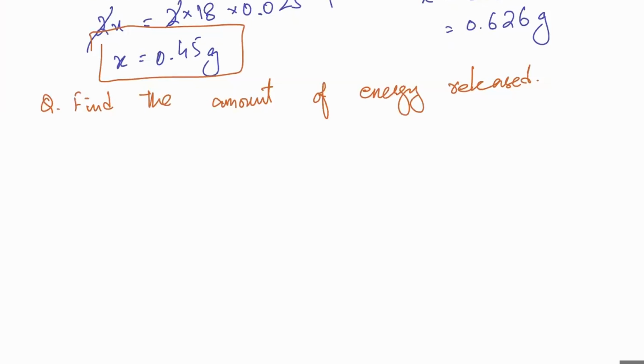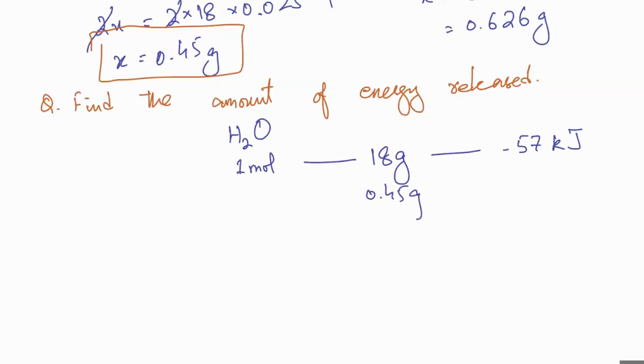सो हम कह सकते हैं कि अच्छा, mass of water अगर 1 मोल हो तो वो होता है 18 ग्राम्स और वो देता है -57 किलो जूल्स. हमारे पास है 0.45 grams, so it will produce x kilojoules. So I'll just cross multiply.